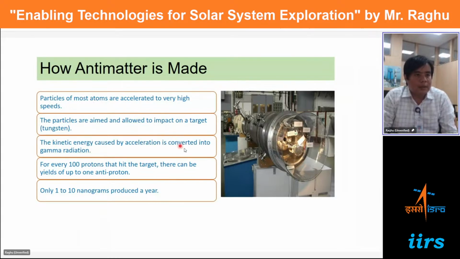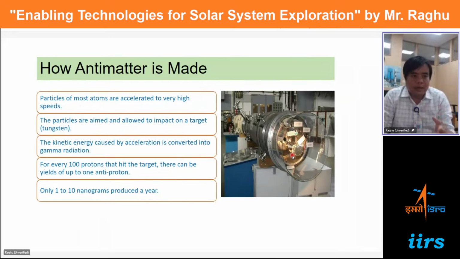How is antimatter created? It is created in very large accelerators. The particles of atoms are accelerated to very high speed, and then allowed to hit a target. After hitting there, some light is emitted.